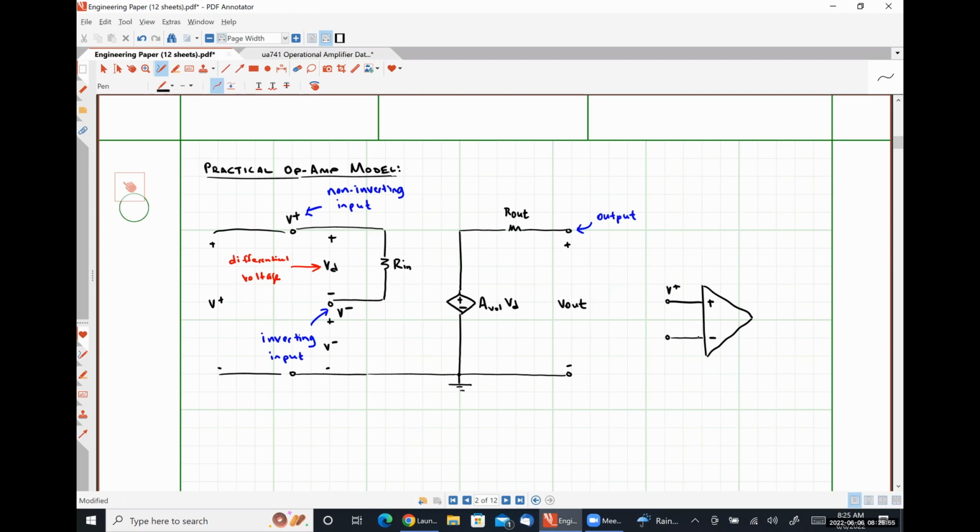The voltage associated with the minus sign is the inverting input voltage. And on the right-hand side here, we have our output voltage.